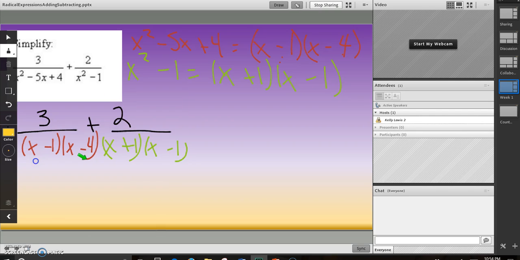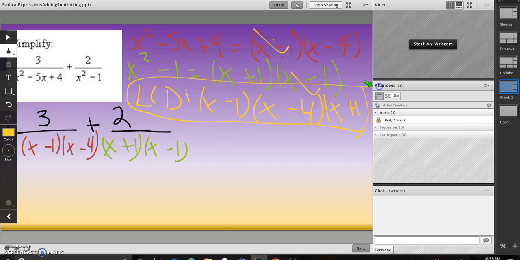Okay, let's talk about least common denominator. All right, so they both have an x minus 1. Check. And then left over, I have that x minus 4, x plus 1. So this is my least common denominator. That's what I need to have on the bottom. So this guy, x minus 1, x minus 4, is missing the x plus 1.